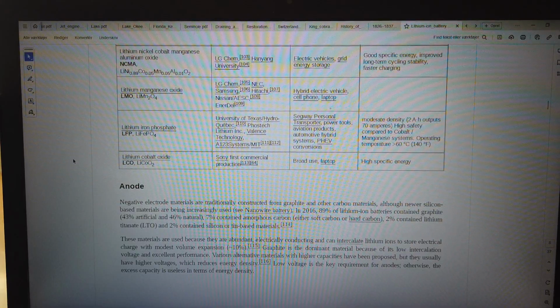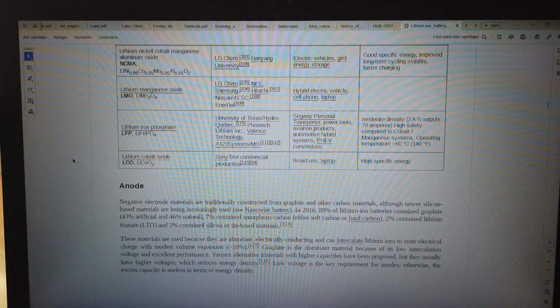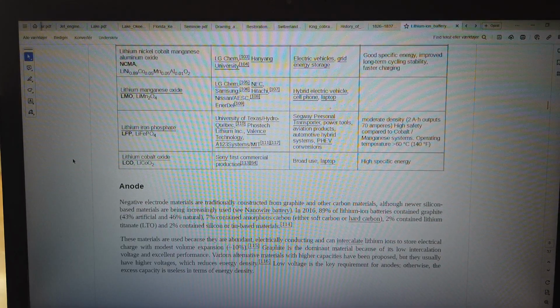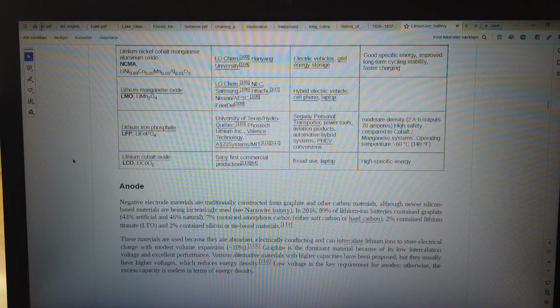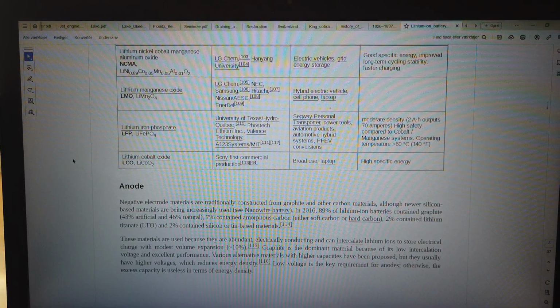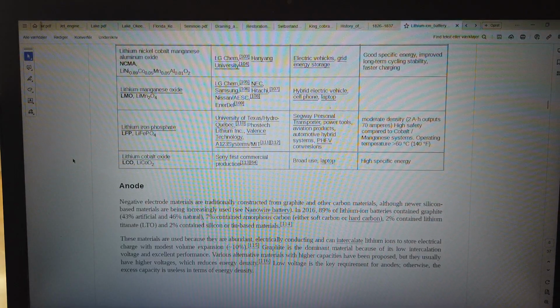[114] These materials are used because they are abundant, electrically conducting, and can intercalate lithium ions to store electrical charge with modest volume expansion, 10%. [115] Graphite is the dominant material because of its low intercalation voltage and excellent performance.